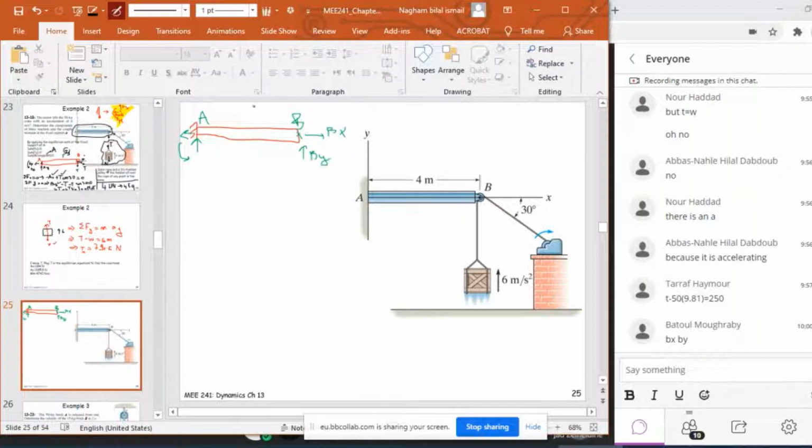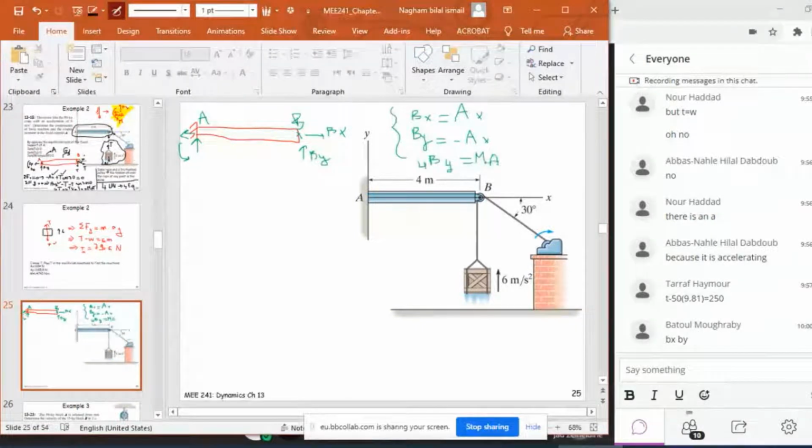So guys, if you apply the equilibrium, sum of Fx is equal to 0, means that Bx will be equal to Ax. Sum of Fy is equal to 0, that By will be equal to minus Ay. And sum of moments is equal to 0 will give me that By is equal to Ma. Okay?